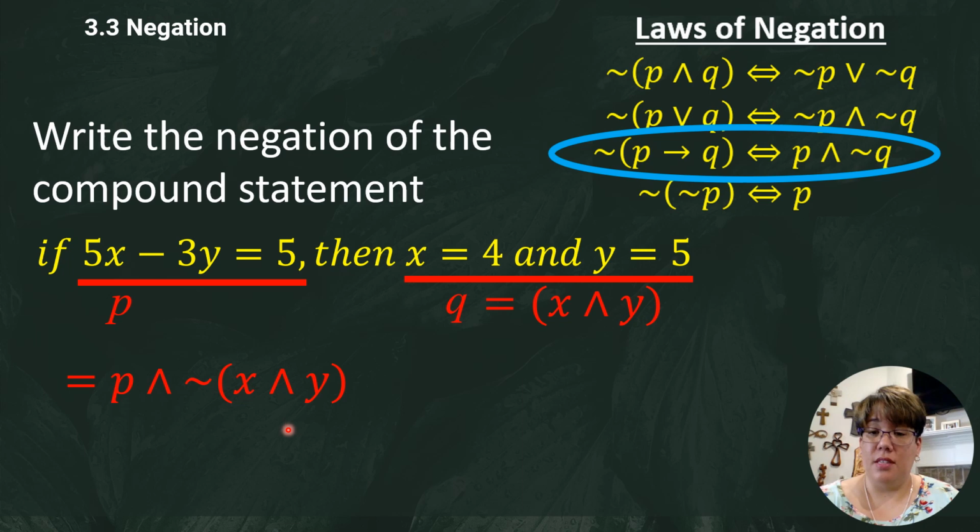Does that make sense? Because I wanted it to say not Q, but my Q in this case is x and y, so I put that in there. That came straight from this definition, P and not Q, but Q in this case was x and y. I just substituted that in there.